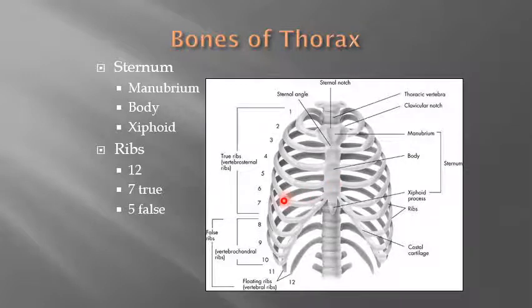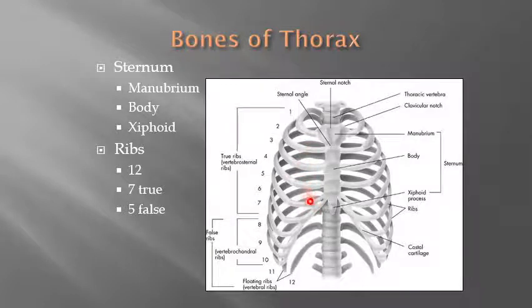Then you have the 5 false ribs. Now, the false ribs are kind of broken up in two different ways. The false ribs encompass ribs 8, 9, and 10, which still attach to the sternum. However, they don't individually attach to the sternum. They attach by means of a common attachment at the costal cartilage.